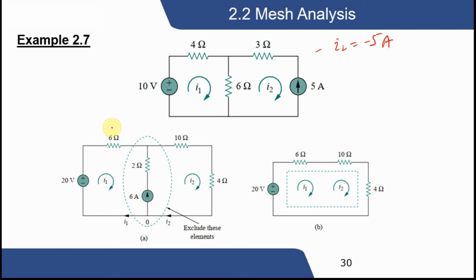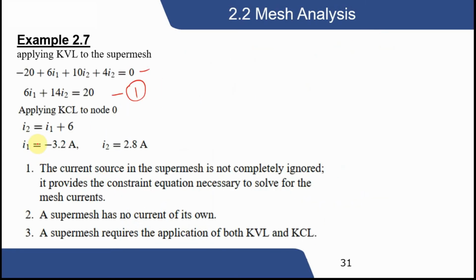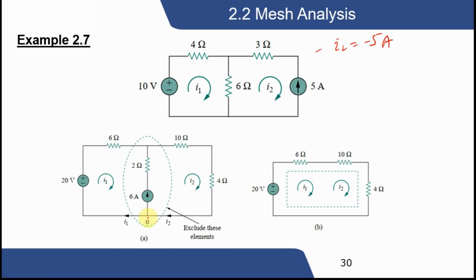What is KCL? We have to apply the nodal analysis. I2 is entering, I1 is here. I2 is moving here, I1 is moving here, and the 6 ampere is moving from upside. This is the node we select.